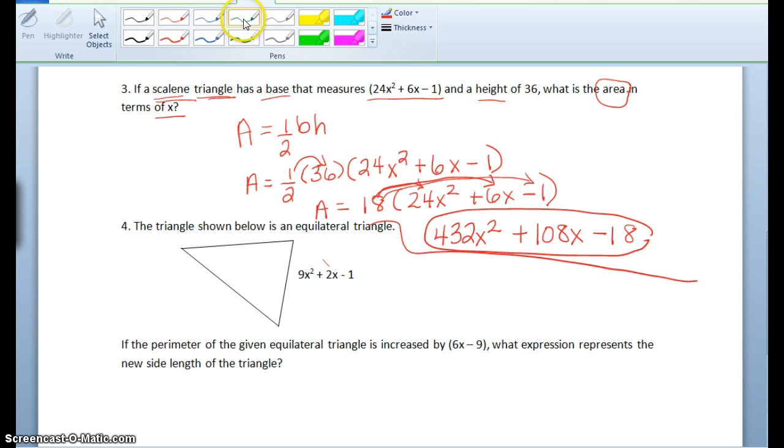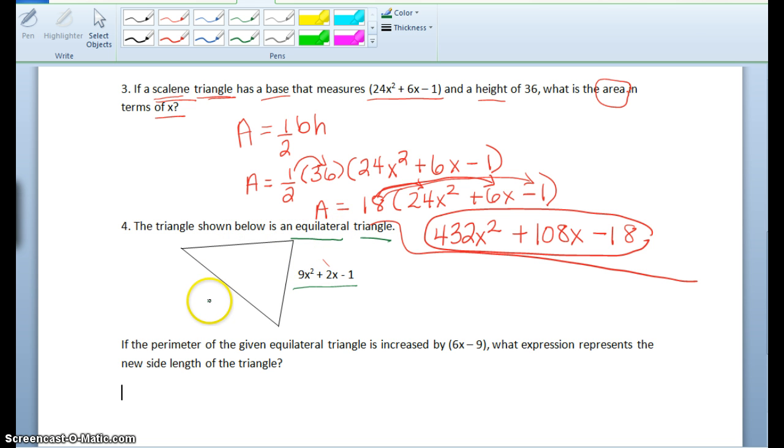Alright, the fourth problem is just a little bit different. It says the triangle shown below is an equilateral triangle. And if we'll remember what's important about an equilateral triangle is a triangle where all three sides are the same length. So even though we only have one side length written here, we know since it's equilateral, all three sides are going to be the same length.